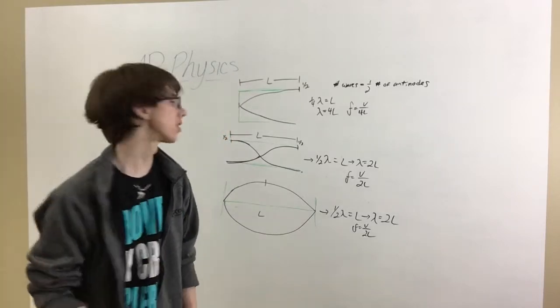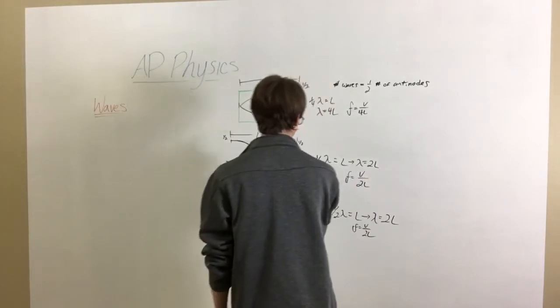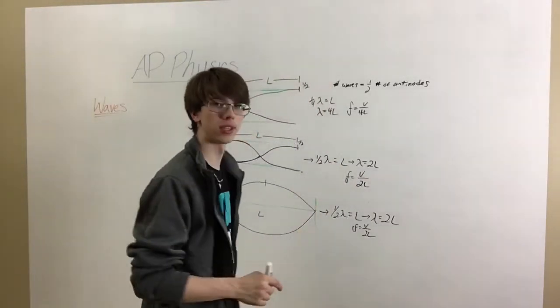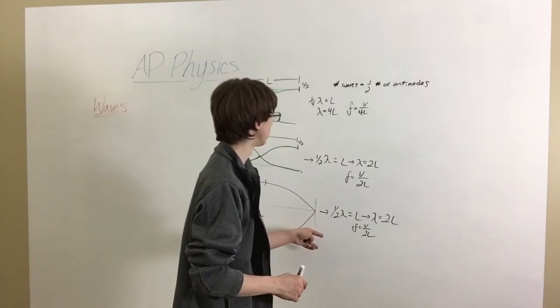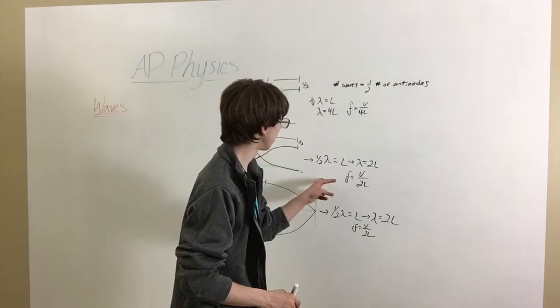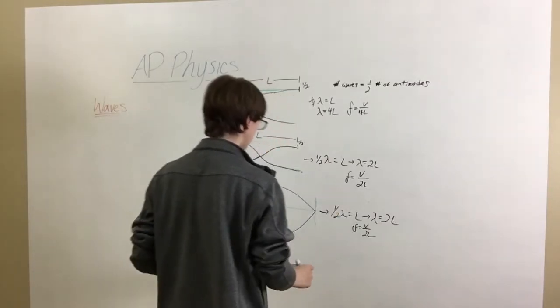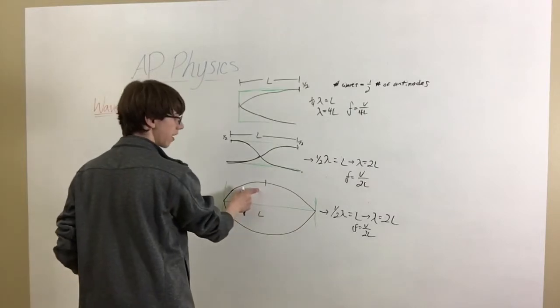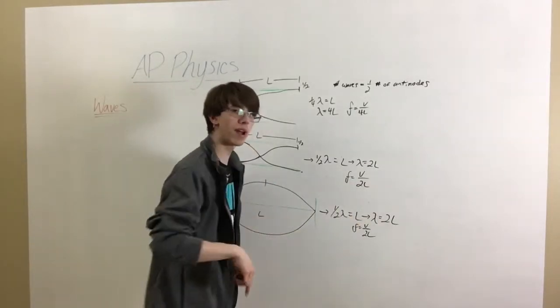Now, the next harmonic is going to be double this frequency, double these frequencies. Why is it double these ones? Well, it's double these because the next harmonic has two antinodes, which means it has one wavelength.